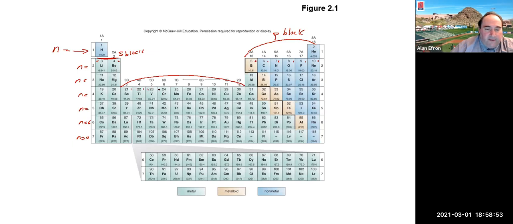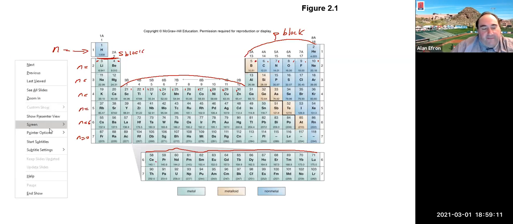Your F block is those 2 rows on the bottom. It holds 14; if you go all the way across, there are 14 boxes. So you can literally count electron configuration off the periodic table just by following them.